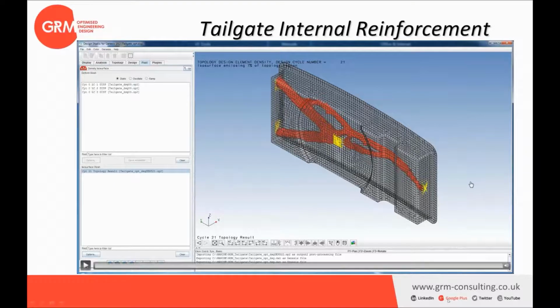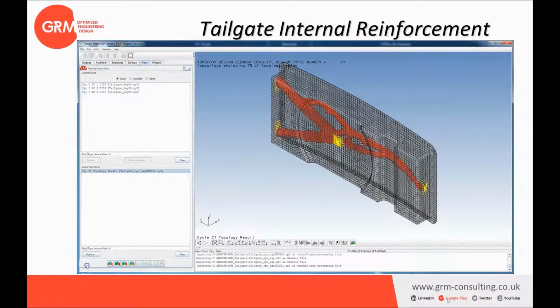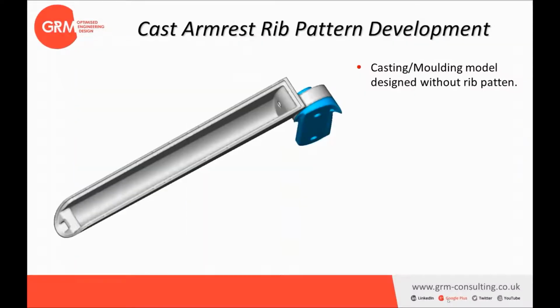All right, let's move on to another example. We have seen 2 examples of automotive application, one on body in white, one on a tailgate. We'll see now an example of an armrest. This is a train seat armrest that we developed this year.